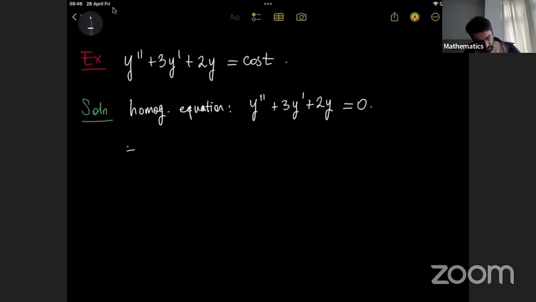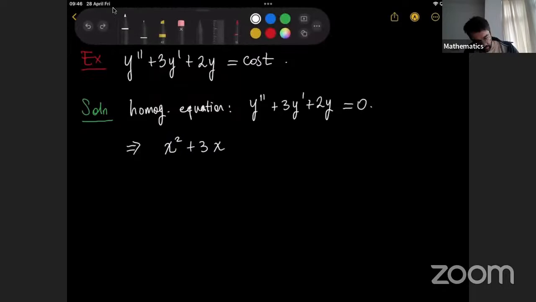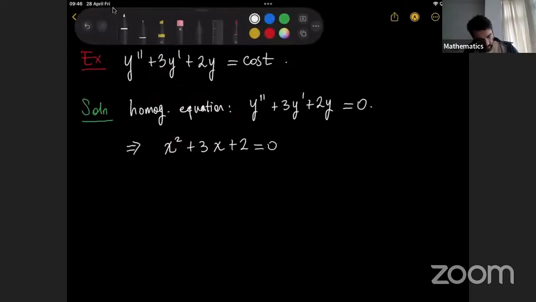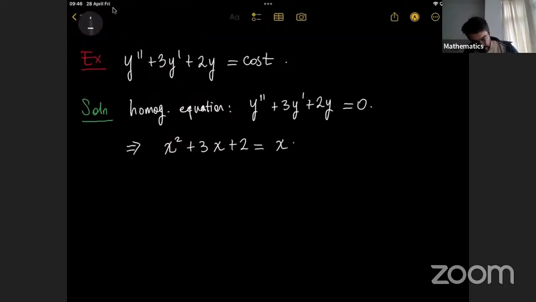And the characteristic equation is lambda squared plus 3 lambda plus 2 equals 0, which implies, maybe let's write it like this, (lambda + 2)(lambda + 1) = 0, which says lambda is equal to -2 and -1.